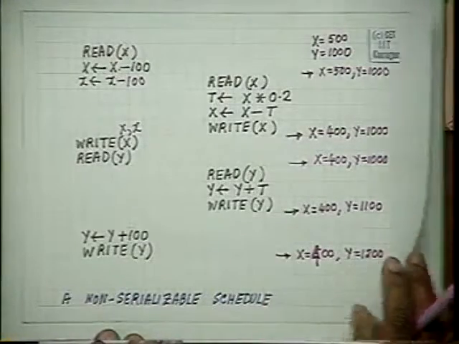Is that understood? So we now come to the question of how will we study which concurrent schedule is correct without executing it.